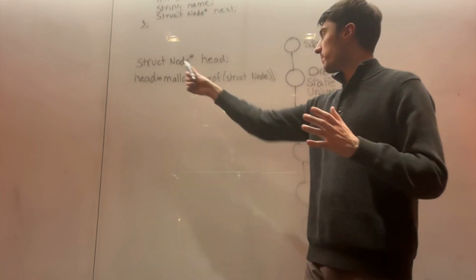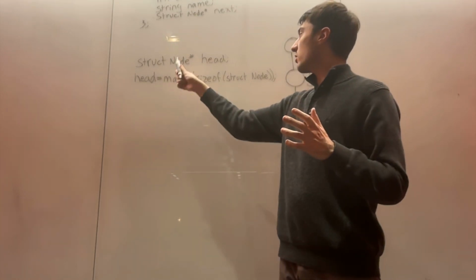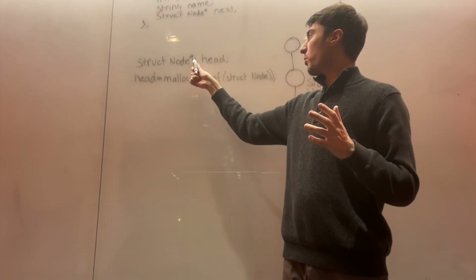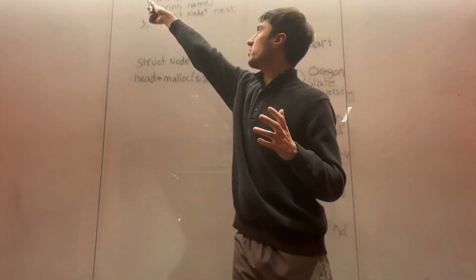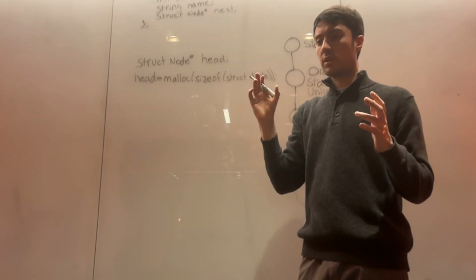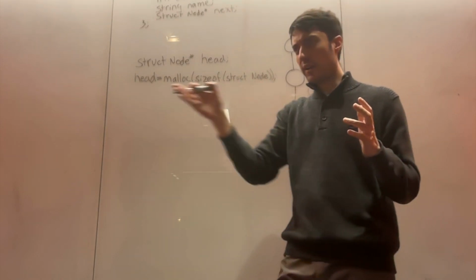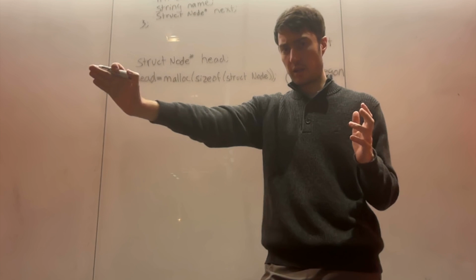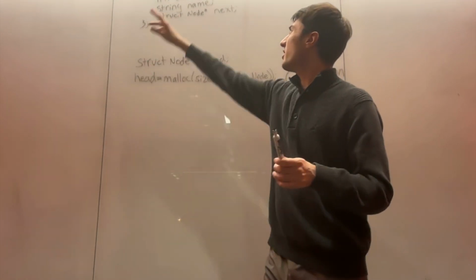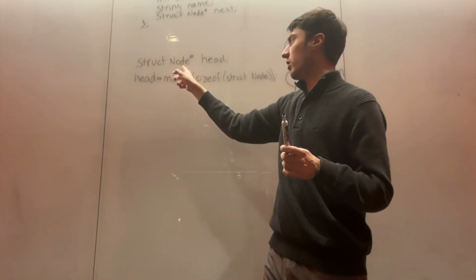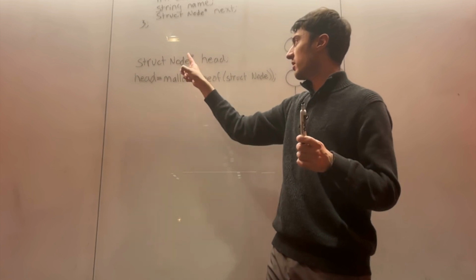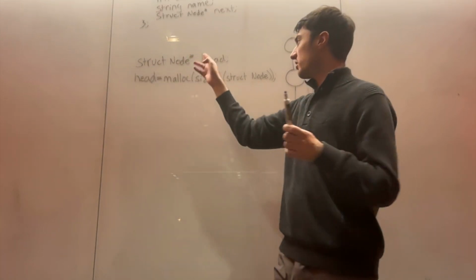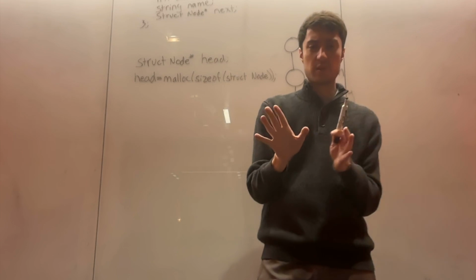So this struct node pointer is going to point, so it is going to direct you to something. What's it directing you to? It's directing you to a struct node, okay? That's what a pointer is. It directs you to something. It directs you to a struct node, okay?